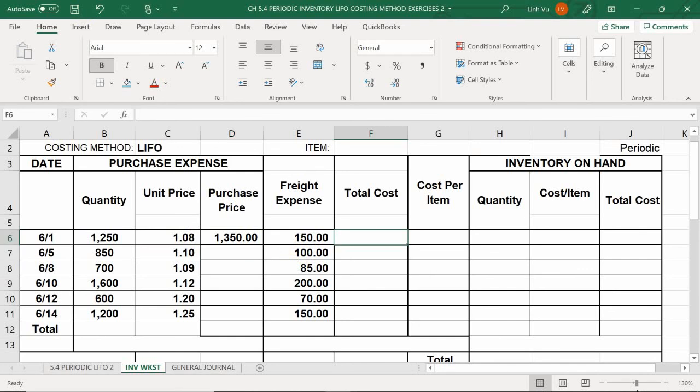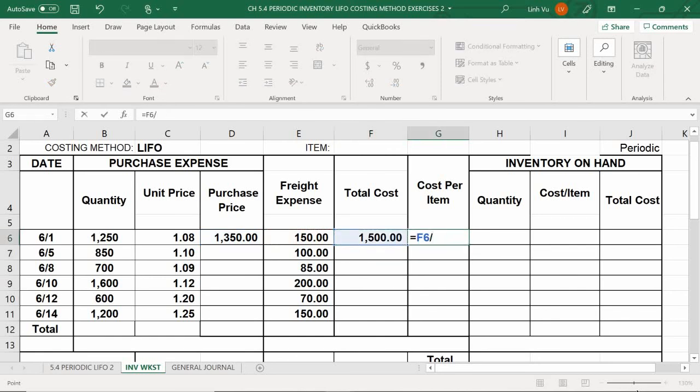Plus 150. What is my total cost? $1,500. And what is going to be my total cost per item? $1.20. Okay. Let's go through the next one.